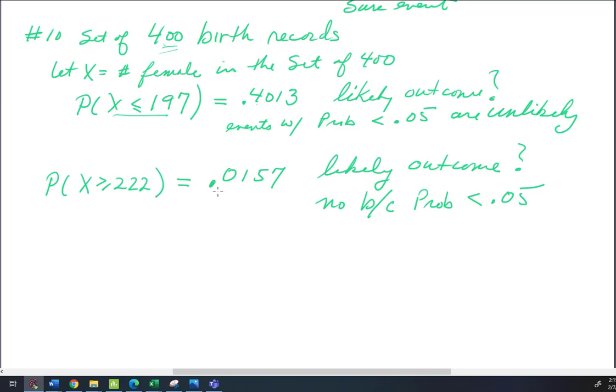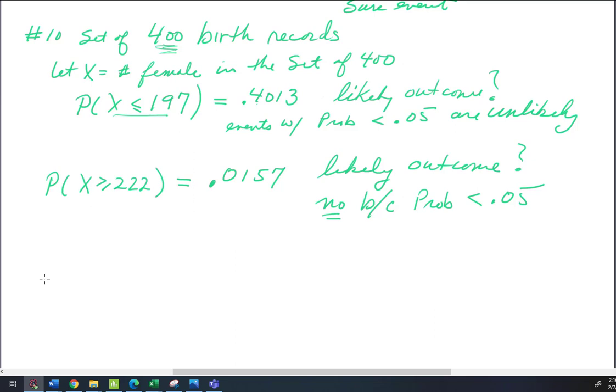How often would this happen? Well, you could expect this to happen about 2 times out of 100. So if you would go get 400 randomly selected birth records 100 times, in 2 of your 100 cases, you would have 222 or more female births. That doesn't happen very often, does it? That's an unlikely event.